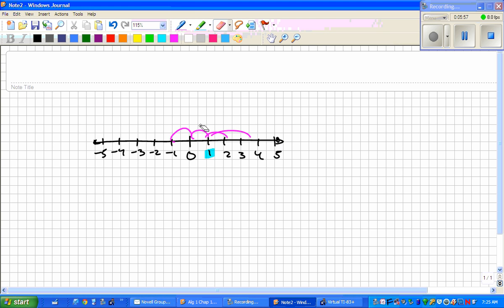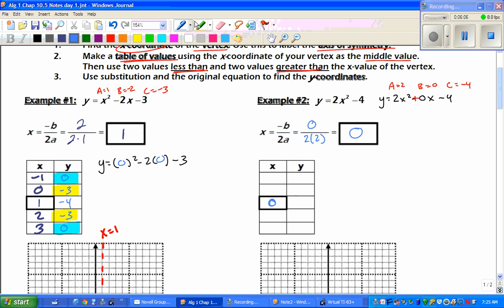And now, just like from over here, we're going to erase all this because now our starting point is 0. I want 2 to the left and 2 to the right. Okay, and it's the same deal that those are going to be the same and those are going to be the same.